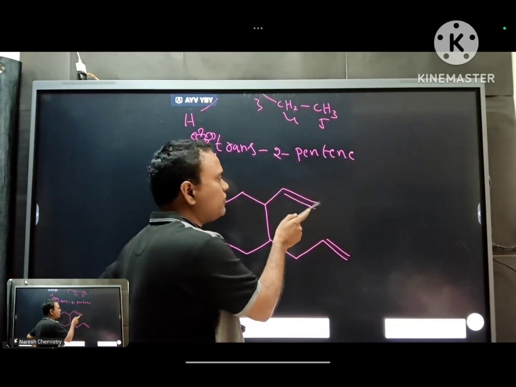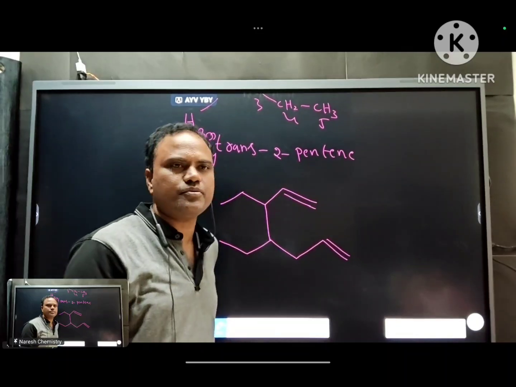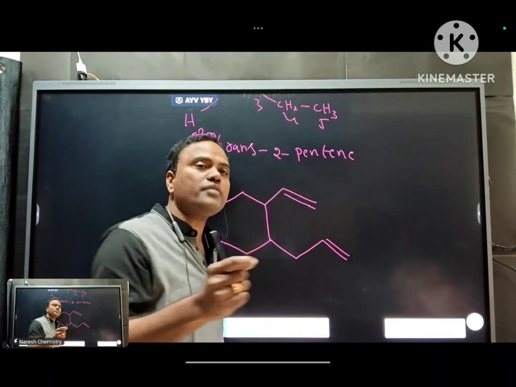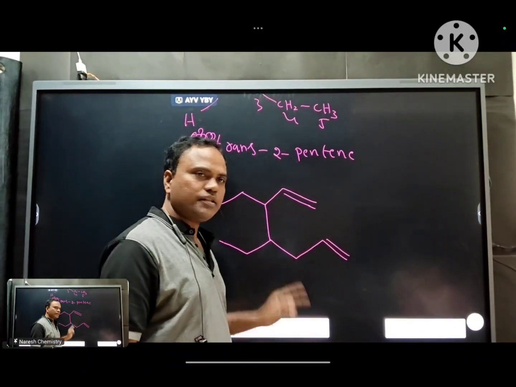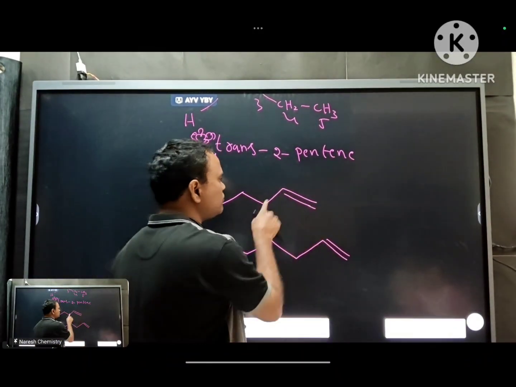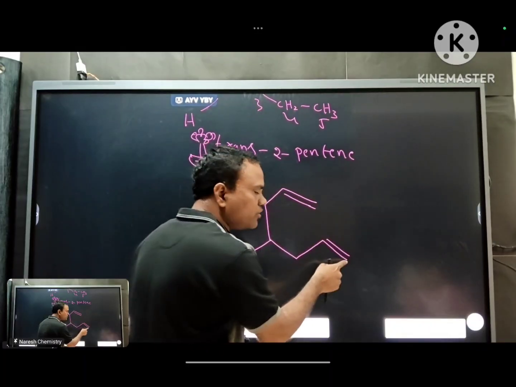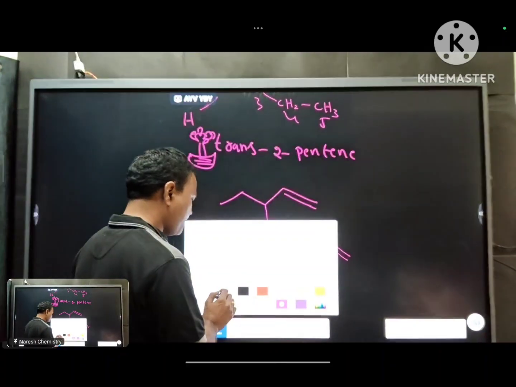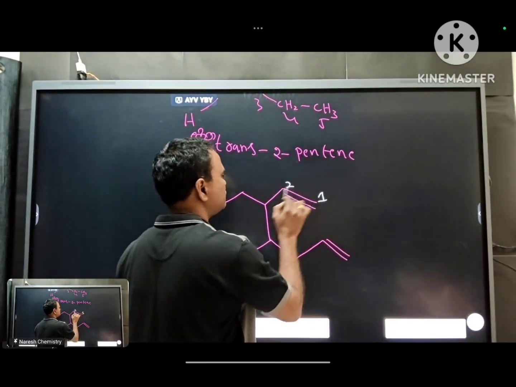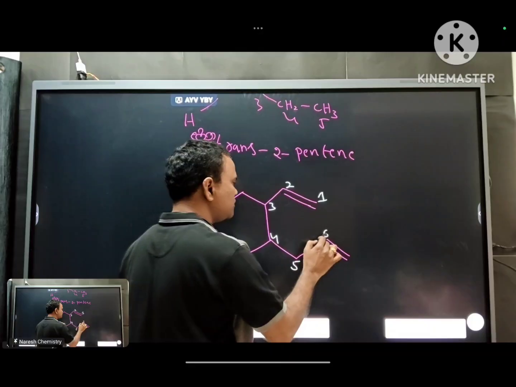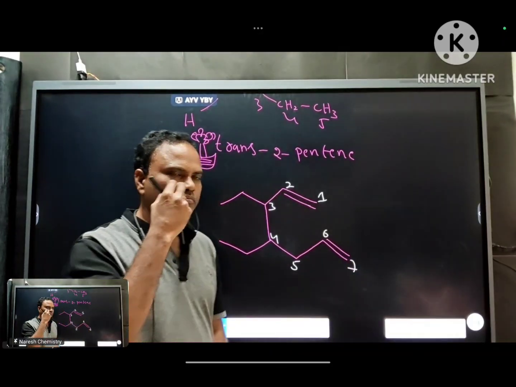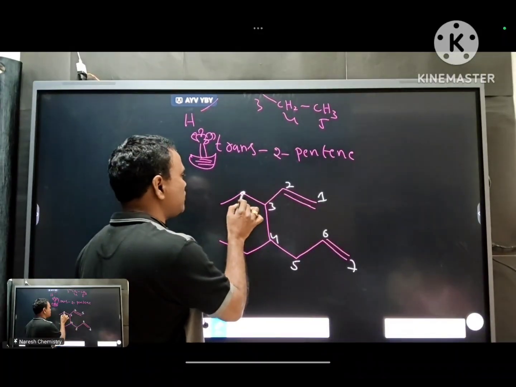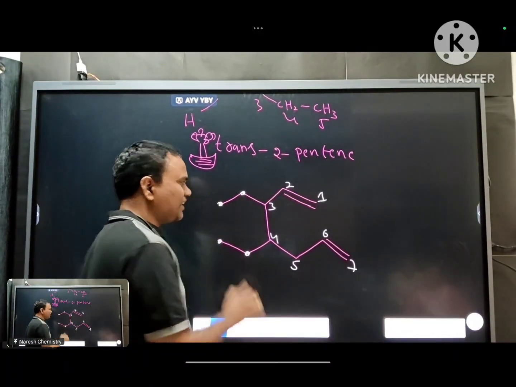If we start from this carbon, 1, 2, 3, at the third position we get the substituent. If we start from the other end, 1, 2, 3, 4, at the fourth position we get the substituent. So we should not go like this. 1, 2, 3, 4, 5, 6, 7. The side chain contains how many carbons? Ethyl.